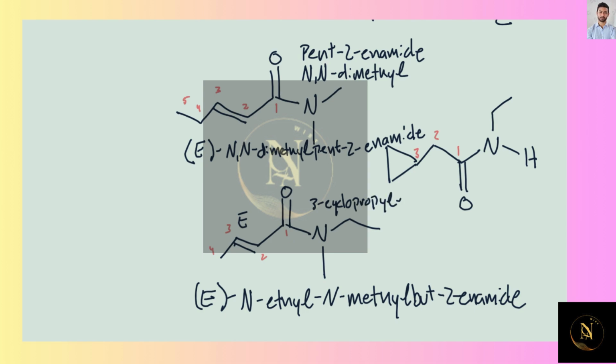Then this is just a functional group at position N, that's N-ethyl. And then we know it's a propanamide, propane because it's a 3-carbon chain. And that's it. Okay, so here are 3 different amides that have that formula and how you might name them.